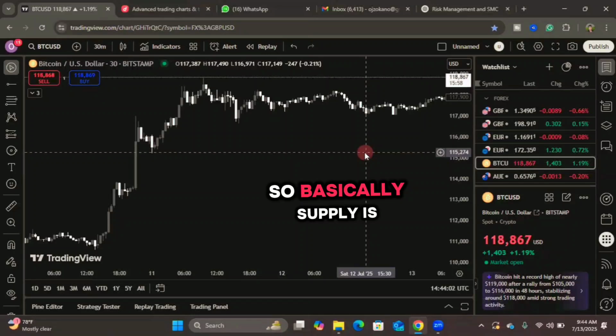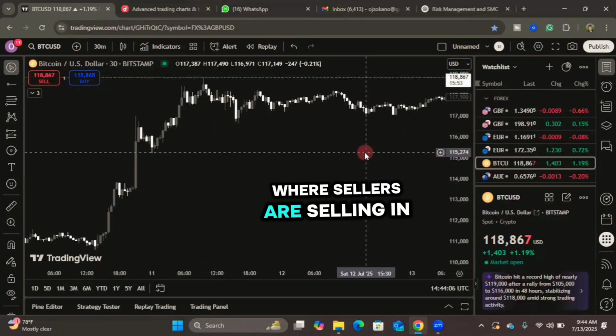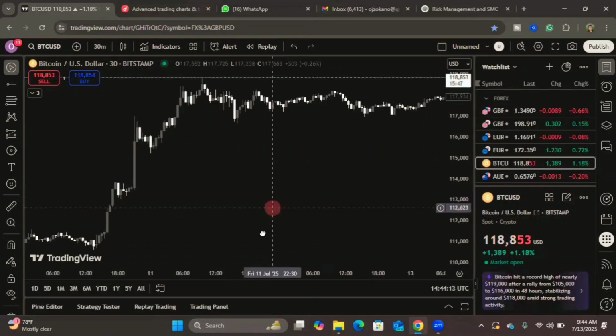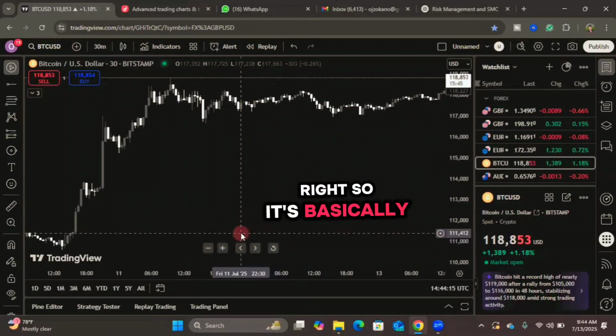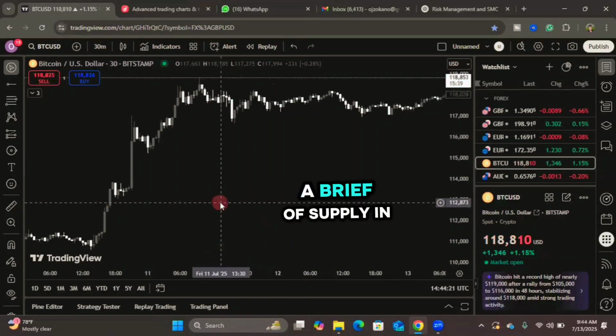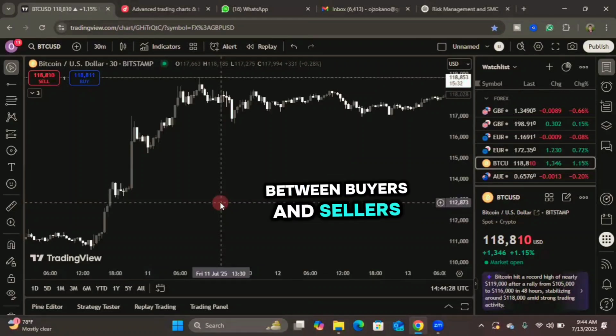Basically, supply is where sellers are selling in the market. Demand is where buyers are in the market, right? So it's basically like the support and resistance areas, but that's just the brief of supply and demand. The market, we all know, moves between buyers and sellers.